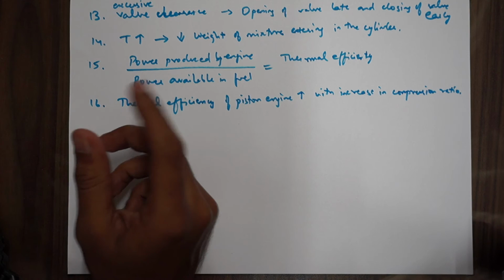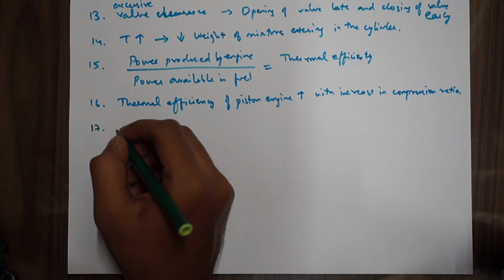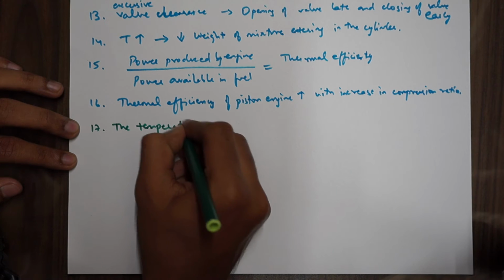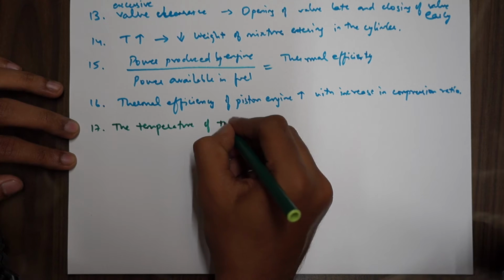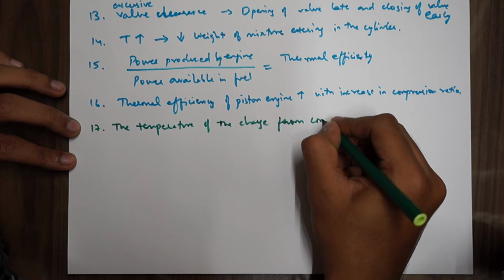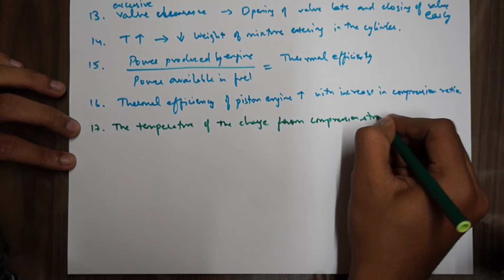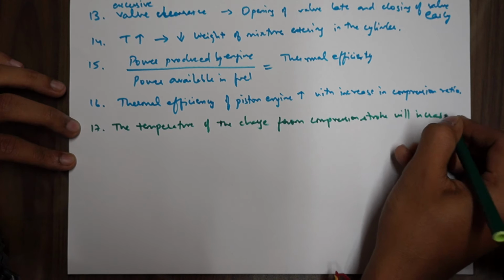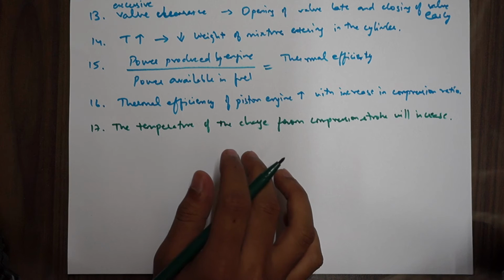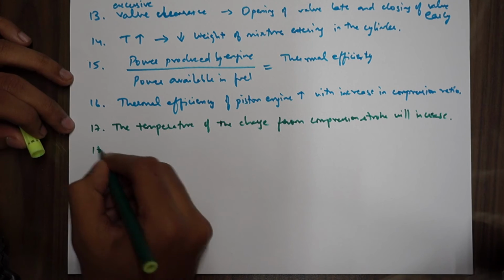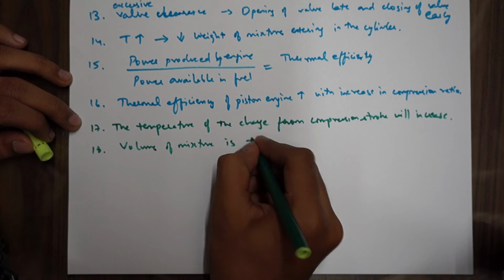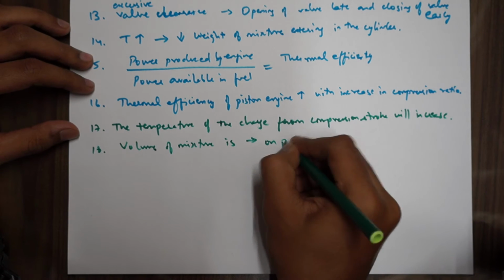Okay, next, number 17. The temperature of the charge from compression stroke will increase, because when it's compressing, your temperature will obviously shoot up. 18th, volume of mixture is constant on power stroke.